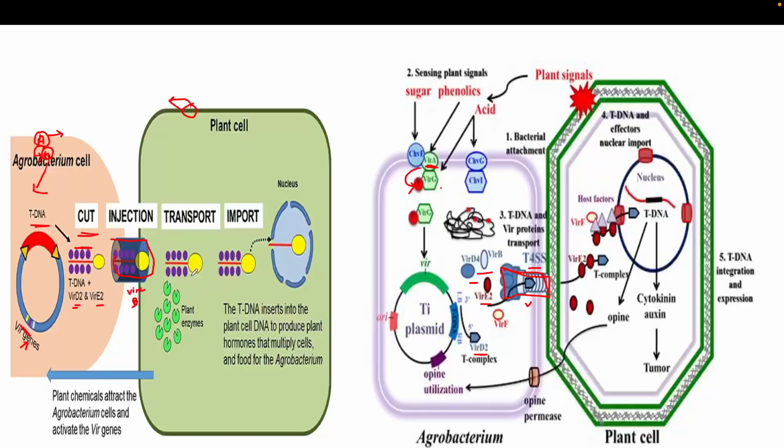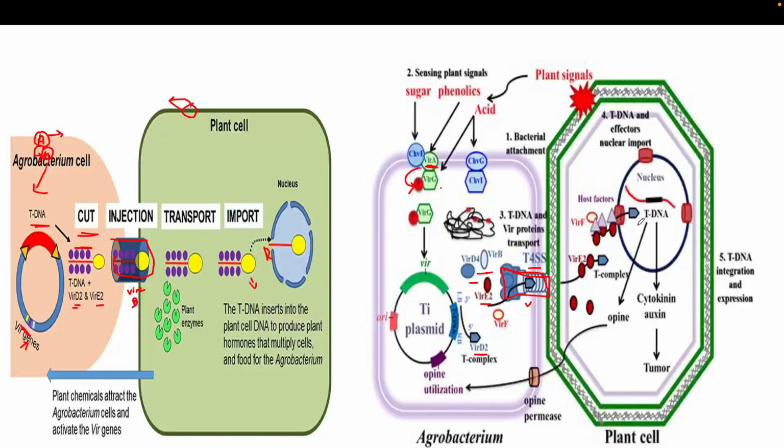In the plant cell, it is inserted into the nucleus, because it has the signal peptide for nuclear transfer, this E2 gene. Once it goes into the nucleus, it has the right border sequence, and with the right border sequence it will do non-homologous recombination with the plant genome and integrate into the plant genome.